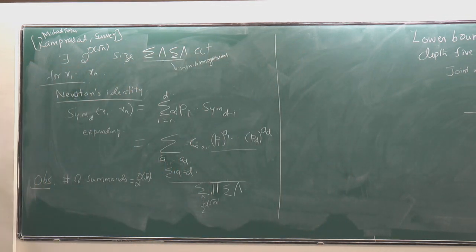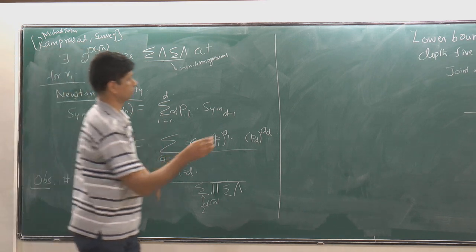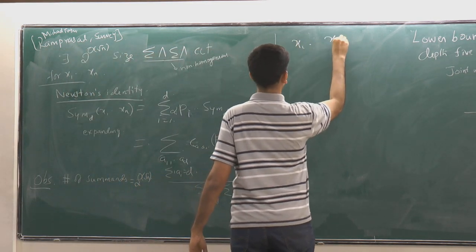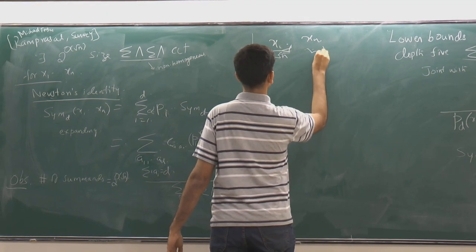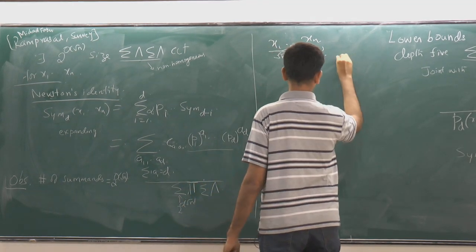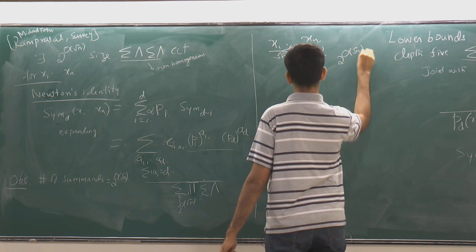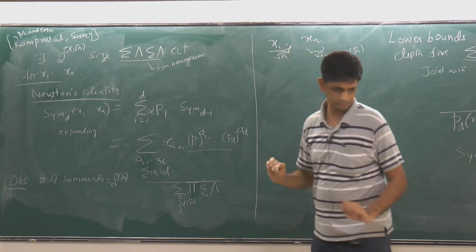You take x1 to xn and make it into blocks of root n size, apply Fisher's twice, right? Yeah, you'll get a 2 to the order root n circuit. I'll come to that later. Okay, yeah, that's true.